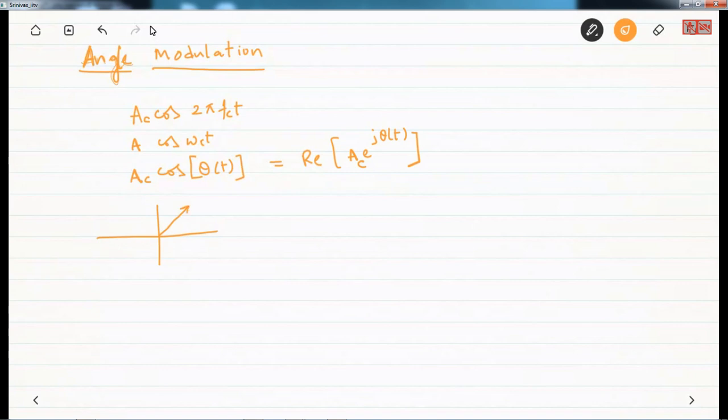This length is AC, and if the phase theta is not changing with time, that phase angle theta is counterclockwise from the real axis, from the x-axis. So this is AC cos theta. This arrow represents AC cos theta, or AC e power j theta, and it rotates with angular velocity WC. So WC is angular velocity.